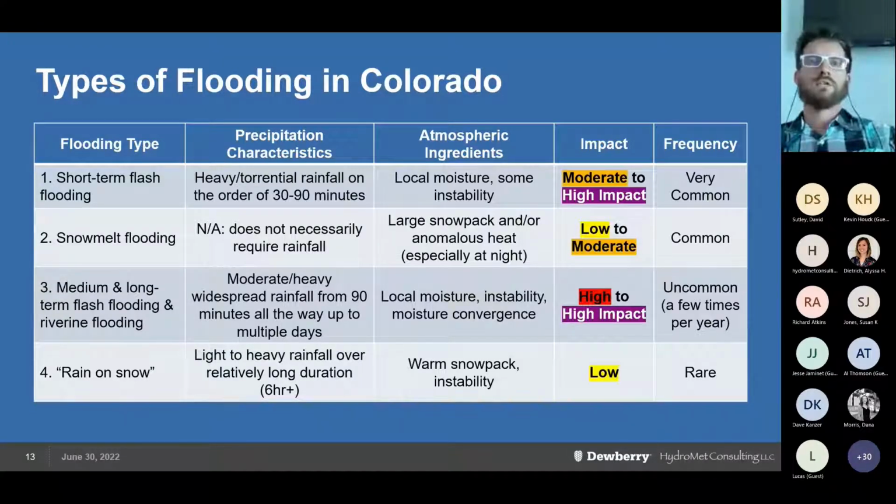This event is driven not just by your local moisture and instability, which drives your individual thunderstorm events, but typically here you start seeing large-scale moisture transport from, let's say, the Gulf of Mexico, or it could be a monsoonal surge all the way from the central Mexican plateau. So very large-scale plumes of moisture, kind of like atmospheric rivers, as they describe them in California.